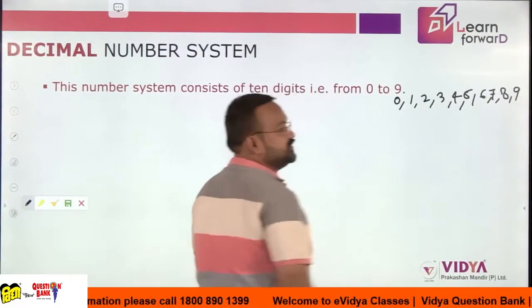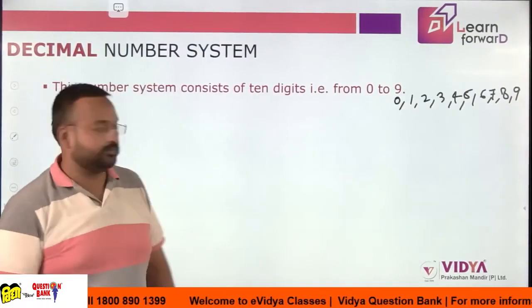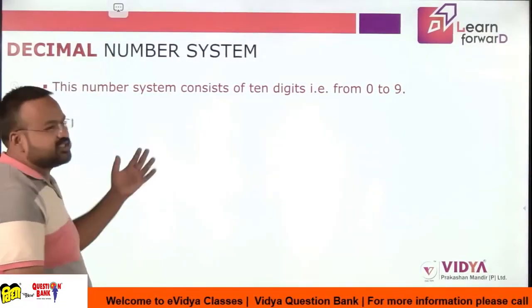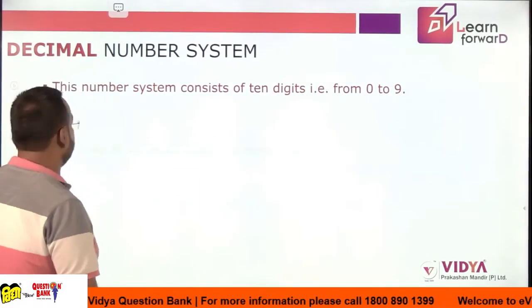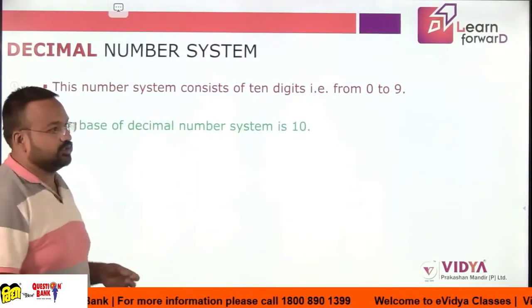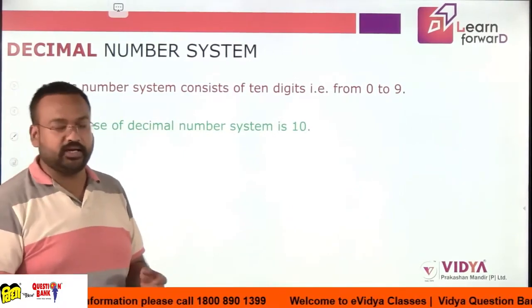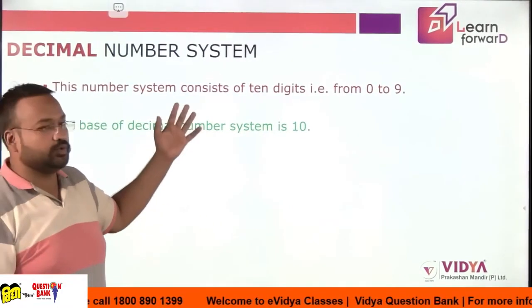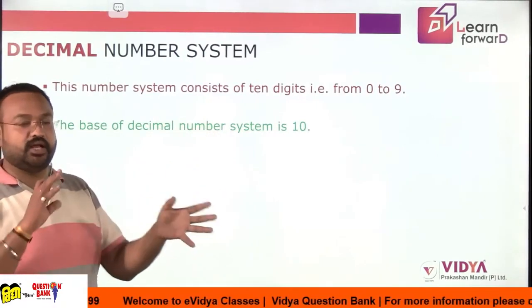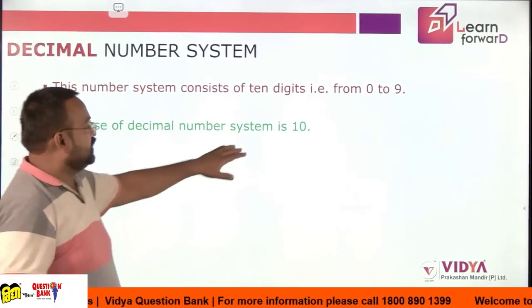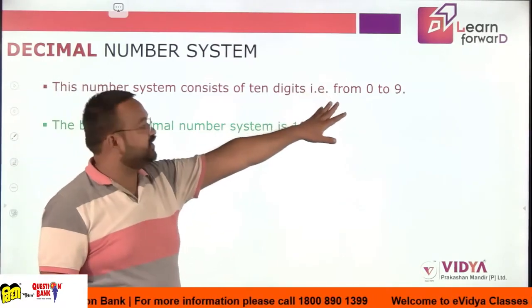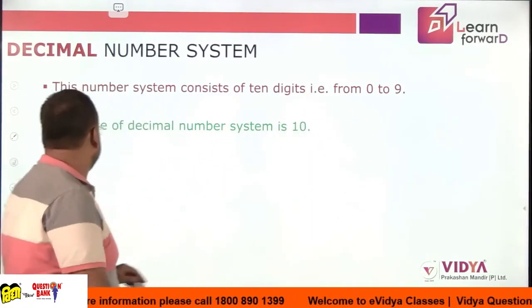Only these digits are allowed in this number system. This is the normal number system that you generally use in real life. And obviously the base would be 10, as I told you earlier in an example, that the digits allowed are one less than the base. So the base is 10, and that's why only the digits 0 to 9 are allowed.